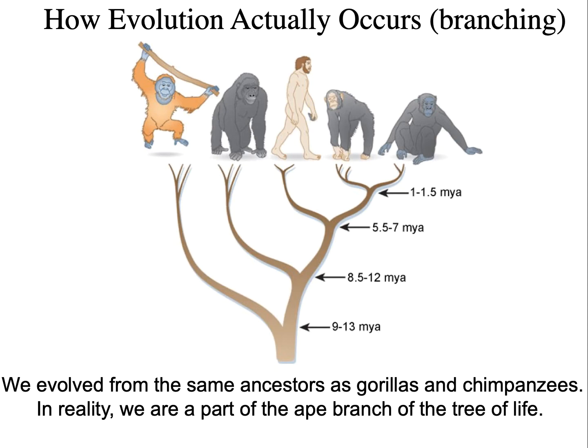In this case, gorillas and chimpanzees and humans are all on the same branch of the tree, the ape and gorilla branch. So instead of being linear, evolving from a gorilla, the gorillas and the chimpanzees and the humans all descended from a common ancestor in the past.